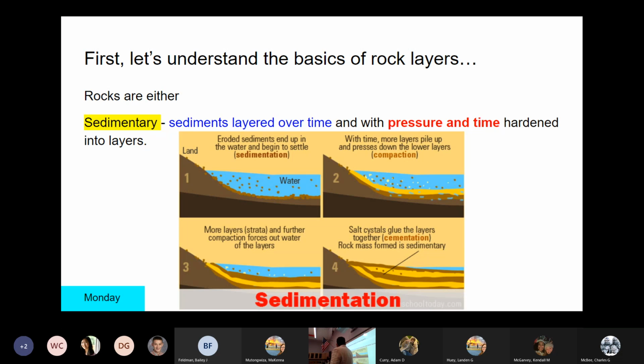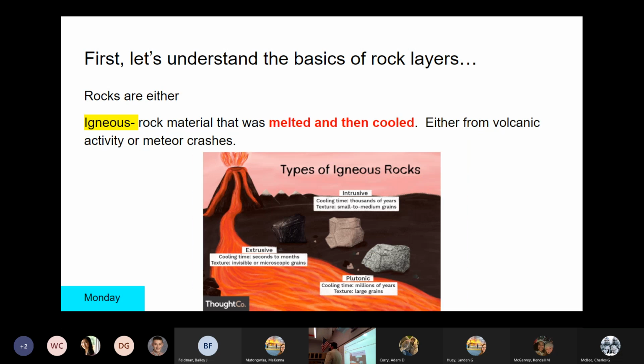Okay? All right. The second type of rock is igneous. Igneous rocks are things that have melted and fused together to harden into a rock. Now, everybody thinks that igneous has to come from magma or from a volcano. That's not necessarily true.